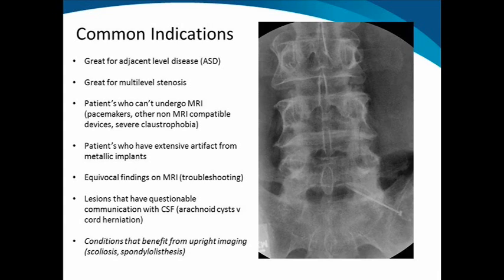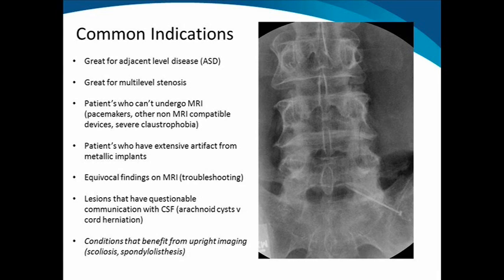Patients sometimes have equivocal findings on MRI, where the findings do not match up with the clinical picture, and myelography will offer a second view on the underlying cause of the disease. Some patients have other questionable lesions that are possibly CSF collections, and we can evaluate whether they communicate with the subarachnoid space through myelography.